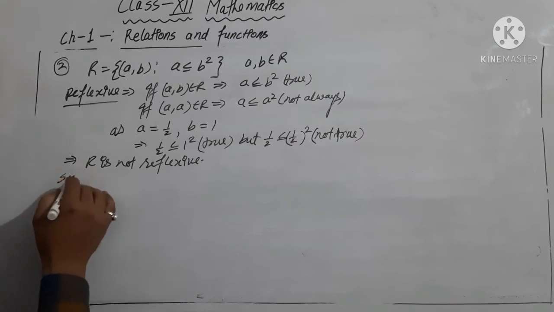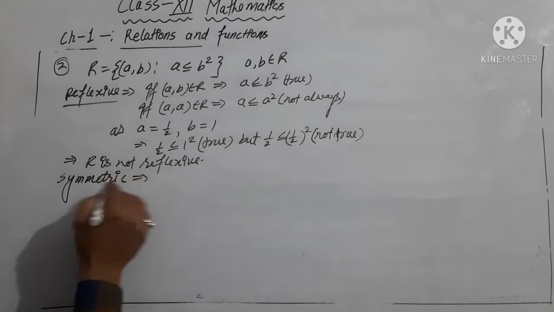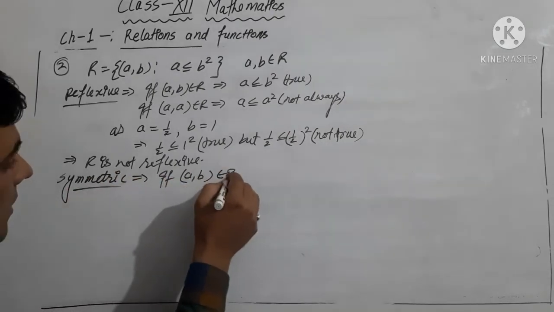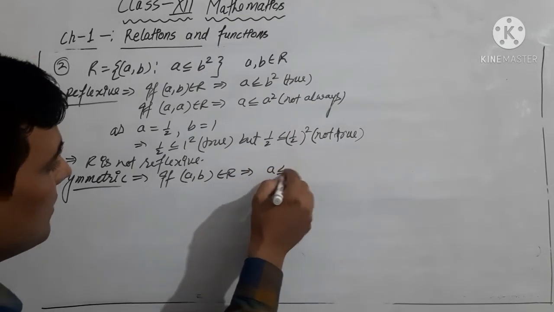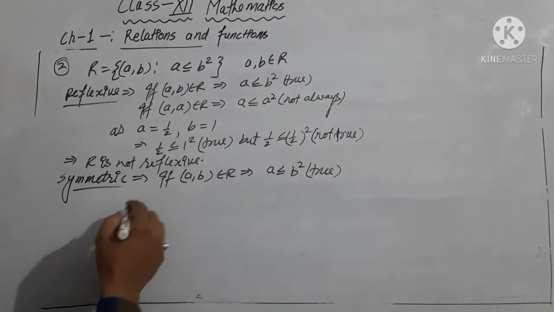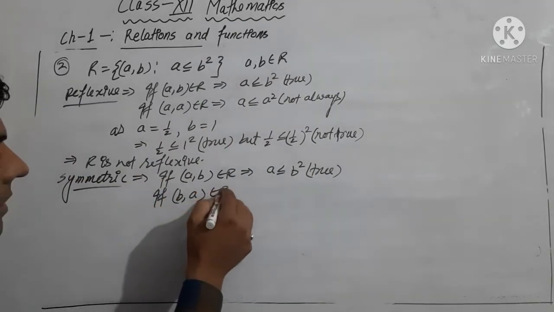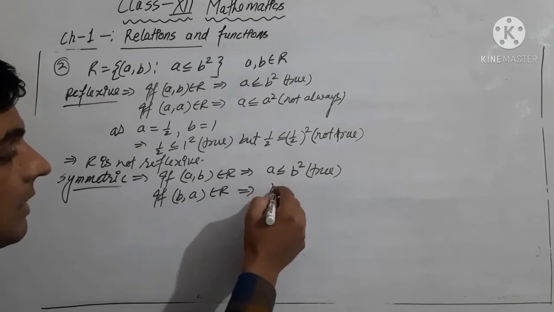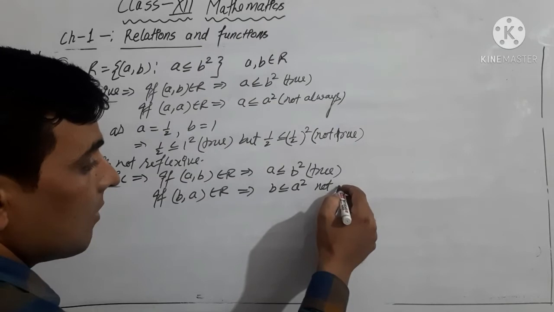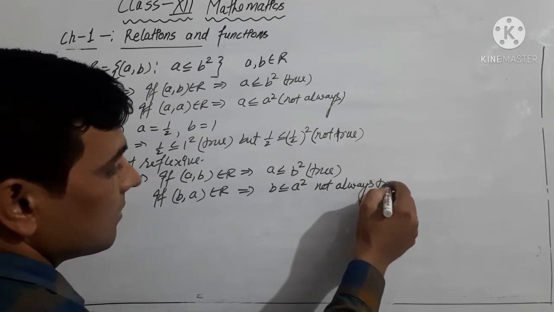Now the second condition, symmetric. If (A, B) belongs to R, this should imply that A less than or equal to B square. True, because it is given in the question. And if (B, A) belongs to R, this implies that B less than or equal to A square. This is also not always true. Why is it not always true?